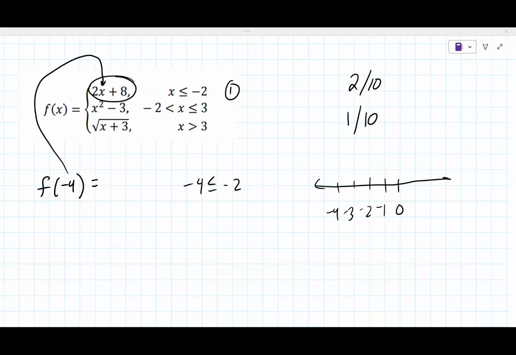Tell me the result. It is 0. Yes, it is 0.